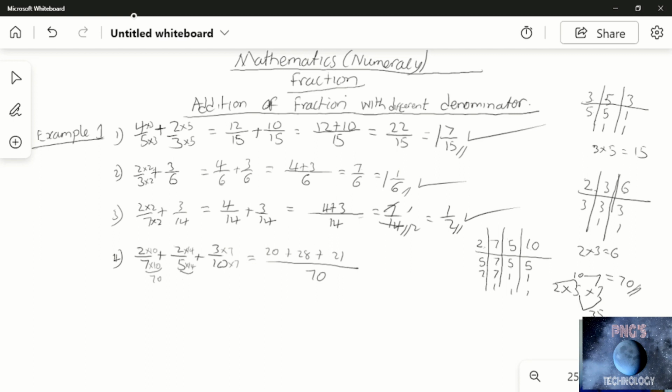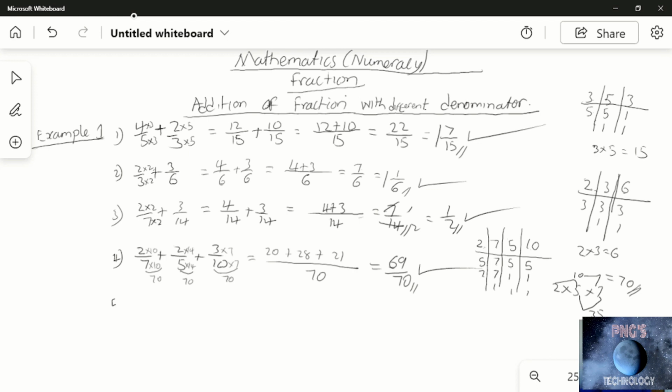Same denominator, so we choose any. So 20 plus 20 plus 20 is 60. 20, 40, 60. 8 plus 1 is 9. So we have it as 69 over 70. So it's a proper fraction. That will be our final answer, and that's correct.